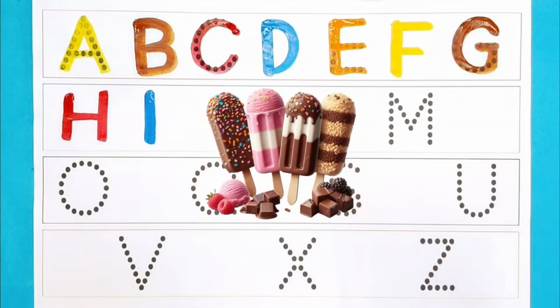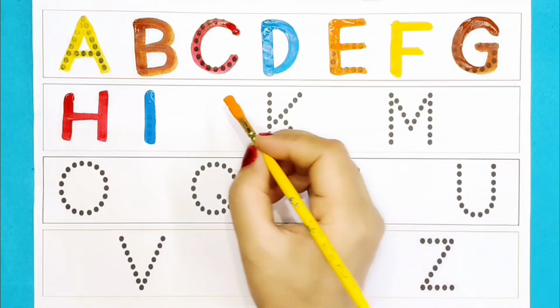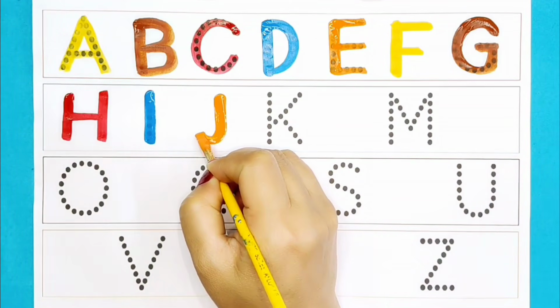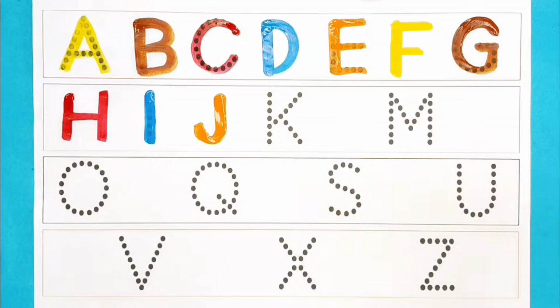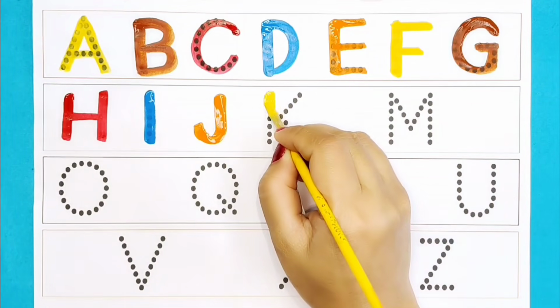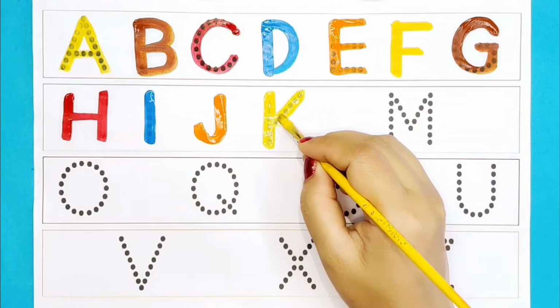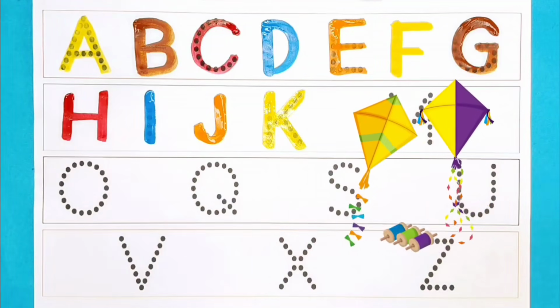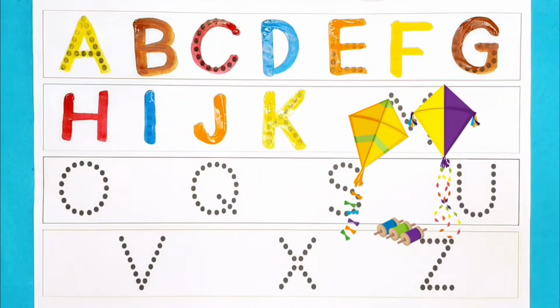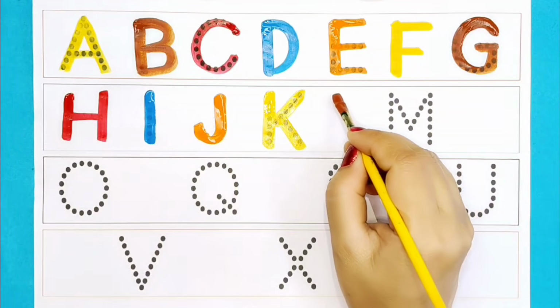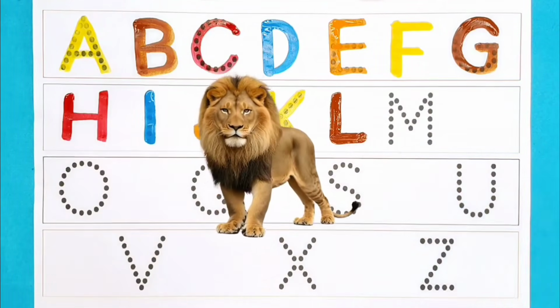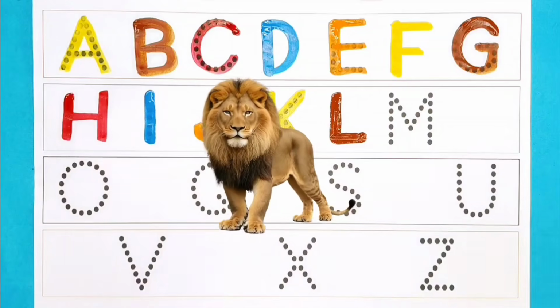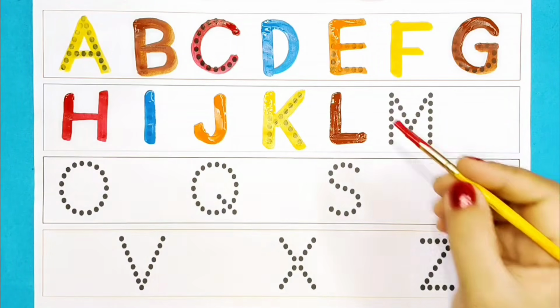I. I for ice cream. Orange color. J. J for juice. Yellow color. K. K for kite. Brown color. L. L for lion. Red color.